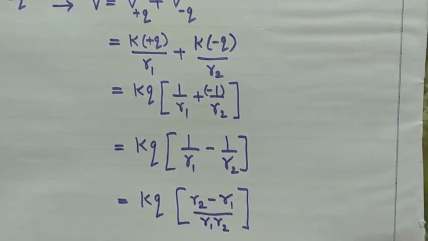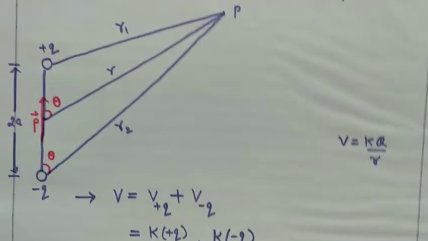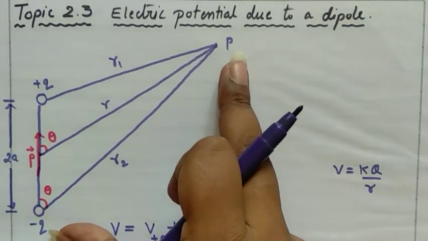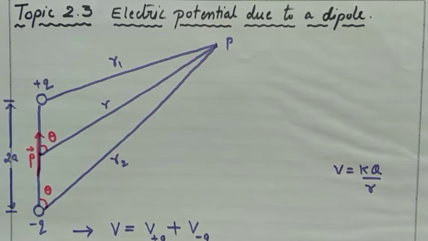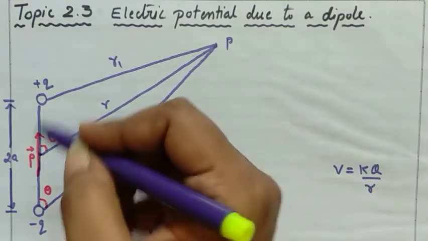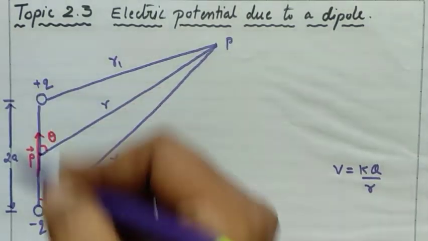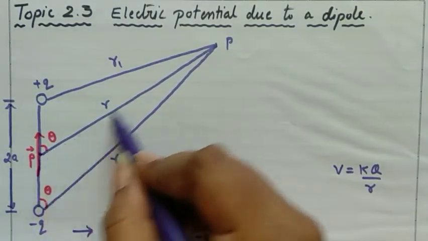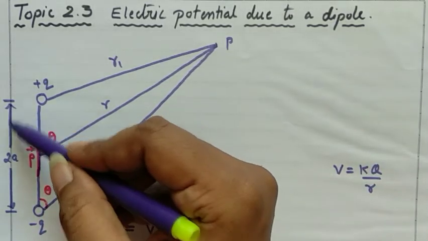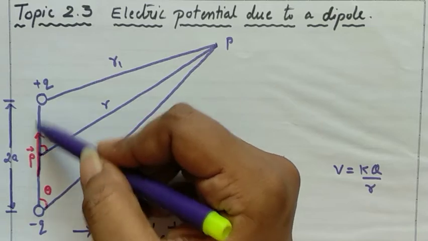So how will I obtain these values? What is this R2 minus R1? If you observe the figure, this distance is R2 and this distance is R1, so the difference between these two distances gives me R2 minus R1. Now, I have considered that point P is very far from the dipole, so this distance R is very big compared to the distance a. What is a? a is this distance.